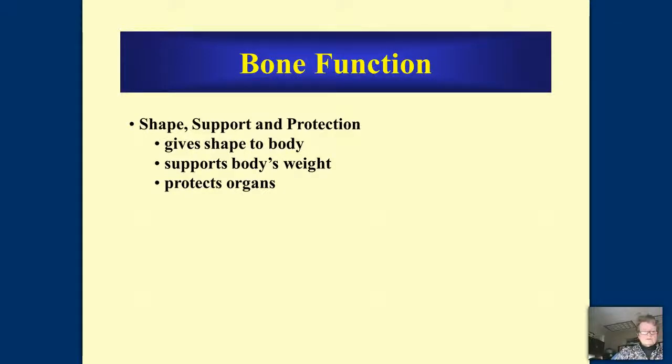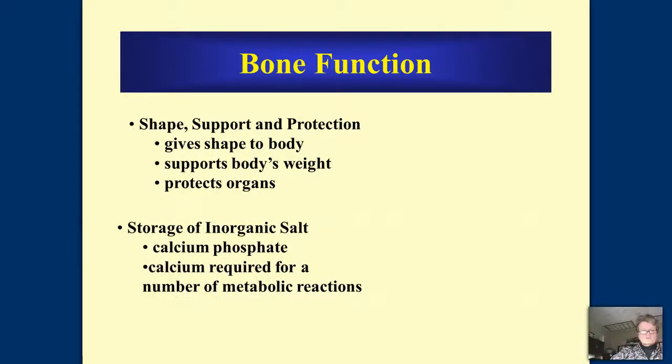Bone functions for protection. It gives shape to the body. It supports the body weight. It protects the organs. You have storage of inorganic salts. The most important inorganic salt stored is calcium phosphate.